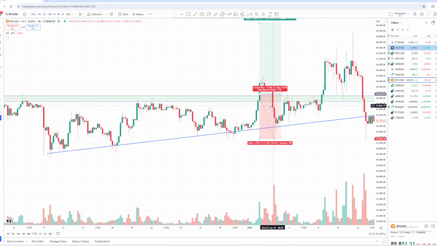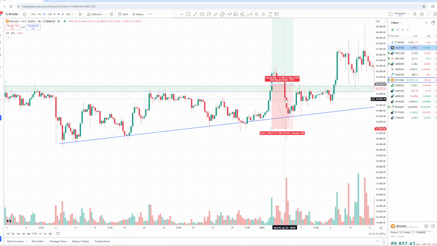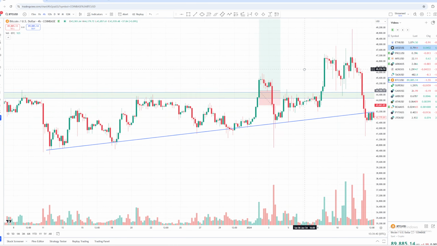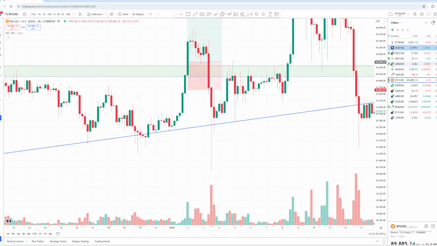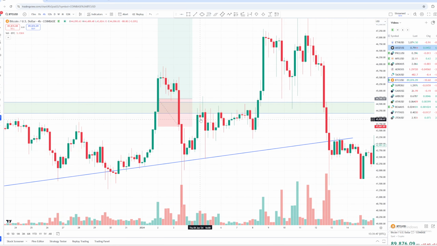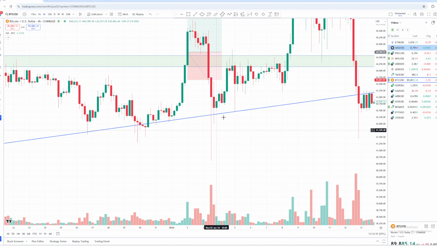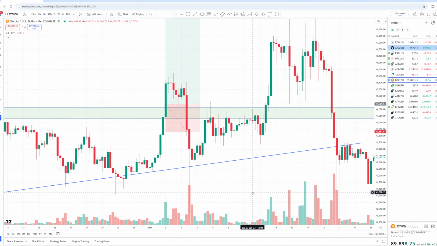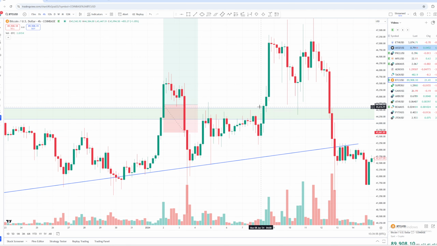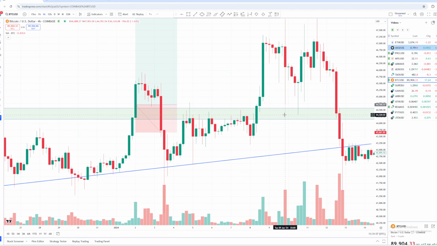But if you see it with violence just losing a level, then I would say it's better to get out here and then look for a re-entry, because again, you could see here there was an area where price chopped around, came back through, liquidated a bunch of people here, and then consolidated again, and then gave us another breakout at the same exact area.